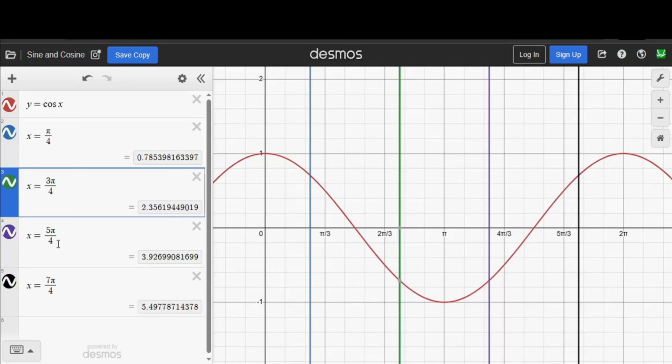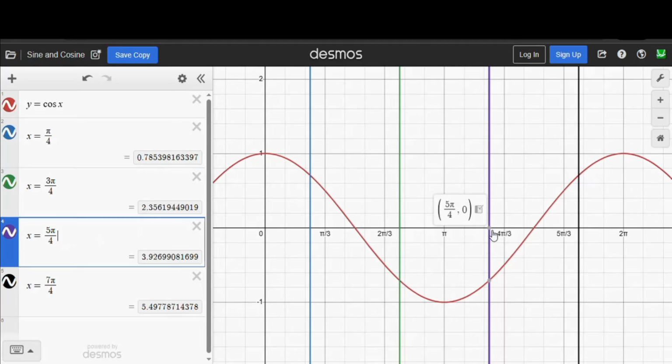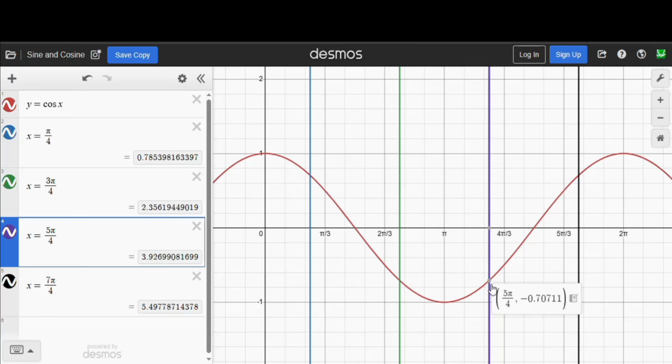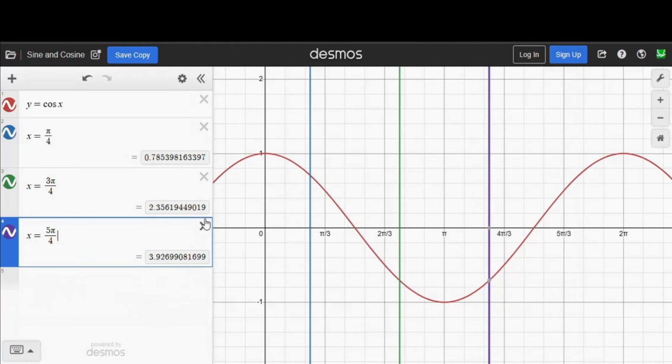Now its counterpart in quadrant 3, 5 pi over 4, the purple line. We somehow got the purple worked in there. And the value checks on the x-axis. Nice. Lastly, the y value checks out on the wave function. See that? Xing out.